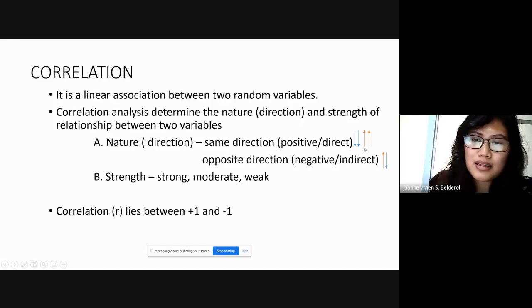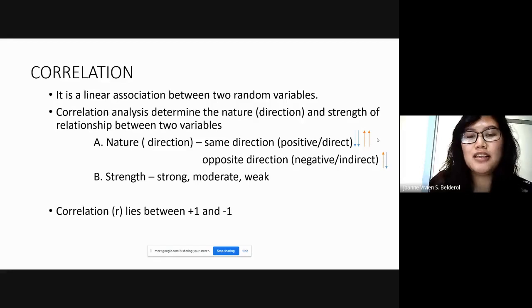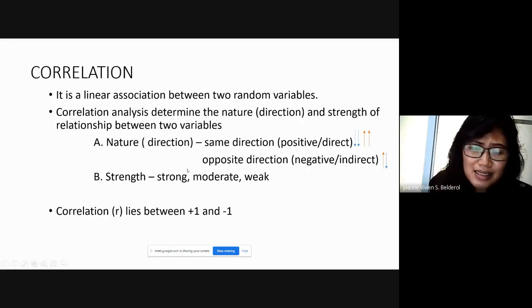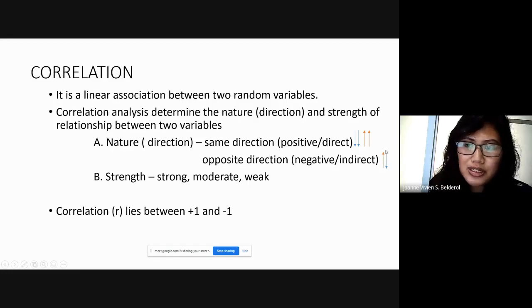In the same way, if X increases, Y increases. So same direction means a positive relationship, either going down or going up. The direction can also be opposite, which we call negative or indirect. Meaning, when one variable increases, the other variable decreases.